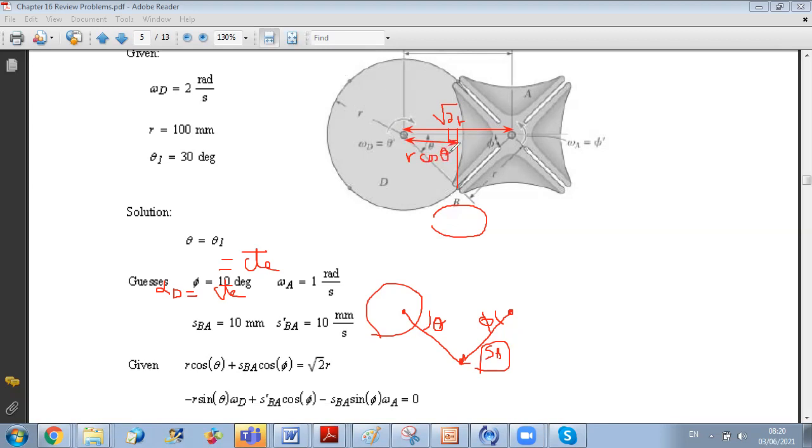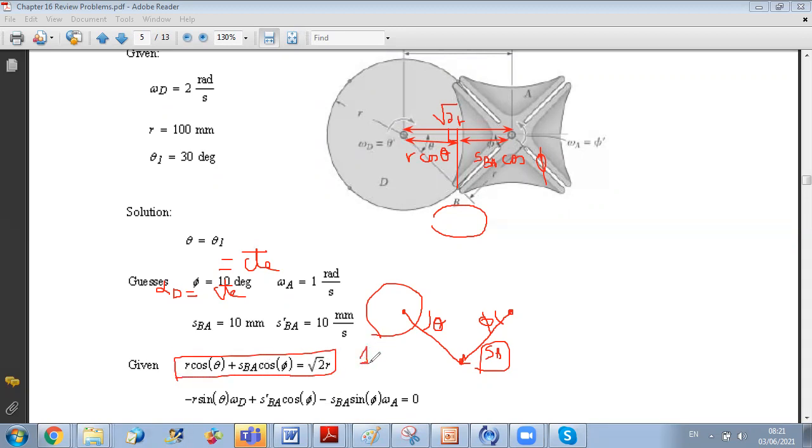And this distance depends on phi and on the position of B, S of B. They called it here S B A. So this is S B A cosine phi. So this is a geometrical relation relating our parameters, which are theta, phi, and S. This is the first relation.